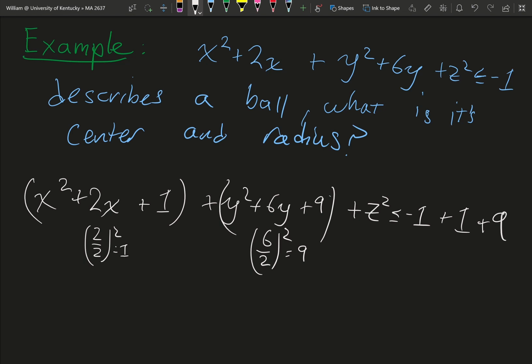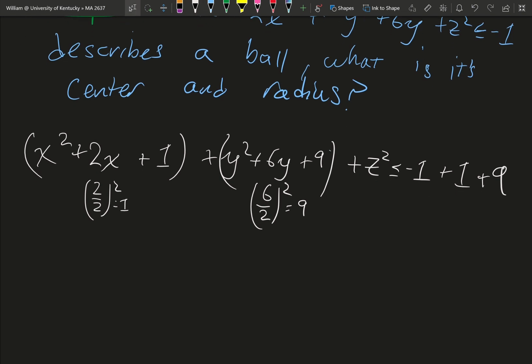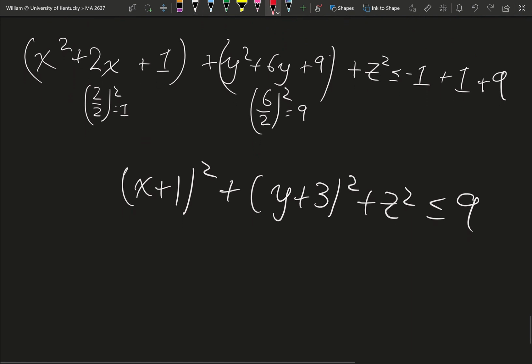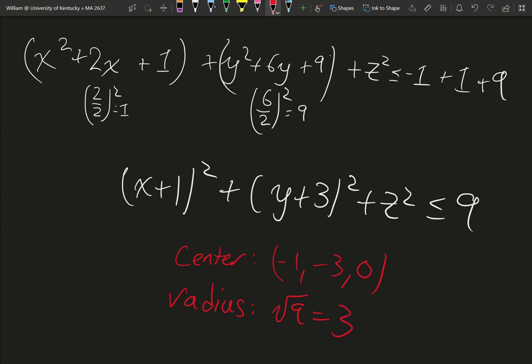So I then have x plus 1 squared plus y plus 3 squared plus z squared is less than or equal to 9. And so I know my center is going to be -1, -3, 0, and my radius is going to be the square root of 9, which is 3. Right? And that'll end it for this video.